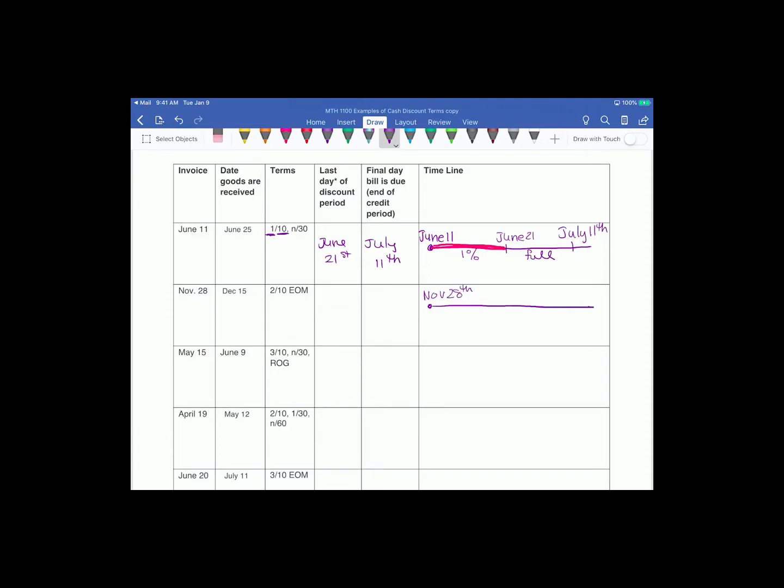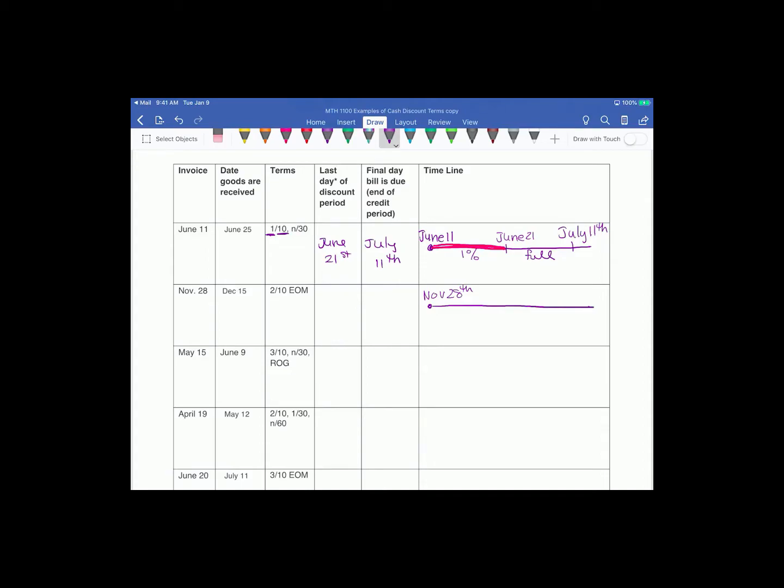Now it does say end of month rule, so that means if it's on or before the 25th, I go to the 10th day, 1 month. If it's after the 25th, then I go out 2 months to the 10th day for my discount period.